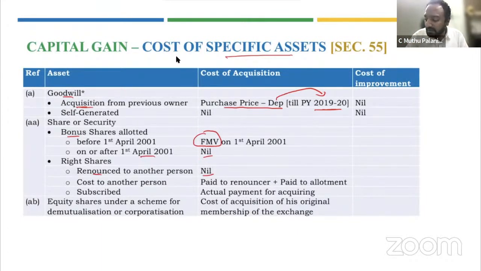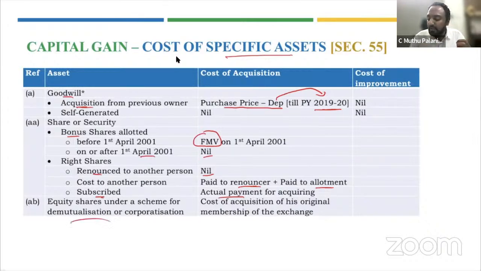It will be whatever he has paid to me, plus whatever he has paid to the company. In case I myself am subscribing, whatever payment I make, the subscription charges, will become my cost. In case I'm giving it to someone else, the other person's cost will be what he has given me plus whatever he has paid to the company. So that is what is there.